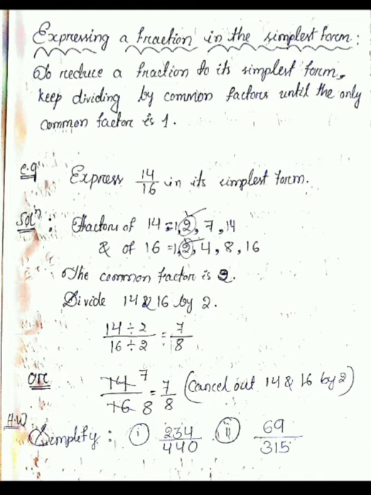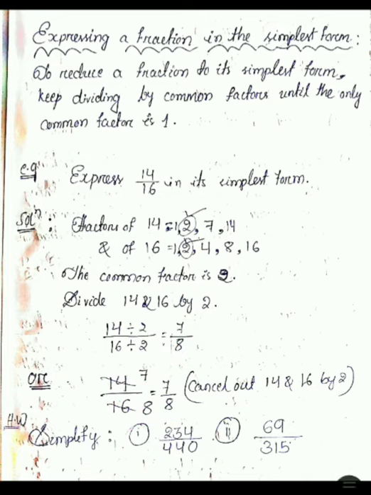Here is the example using the cancel out method. 14 by 16. Both are in which table? Both are in the 2 table. 2 7s are 14, 2 8s are 16. Both we cancel out. So we get 7 by 8.